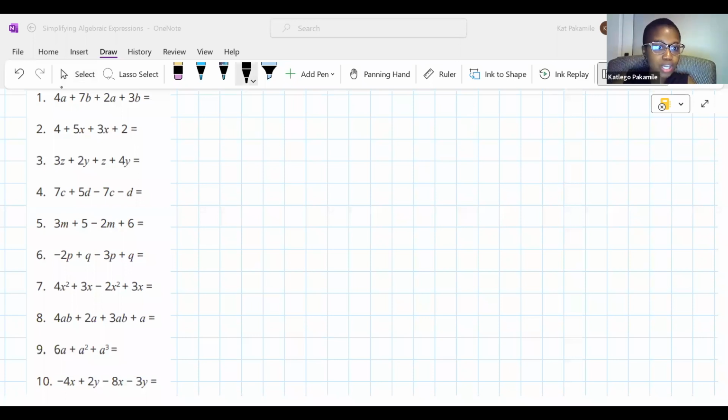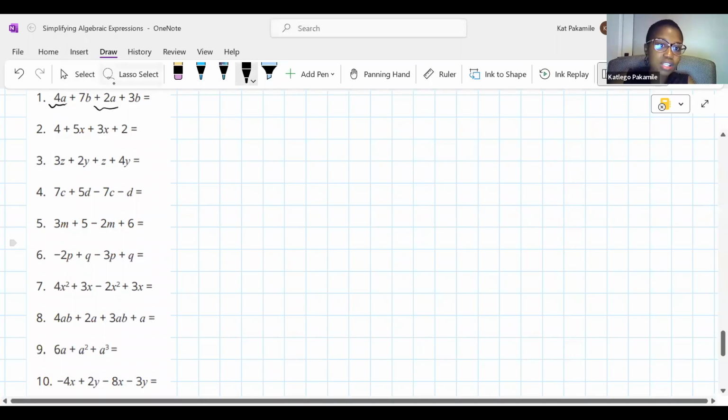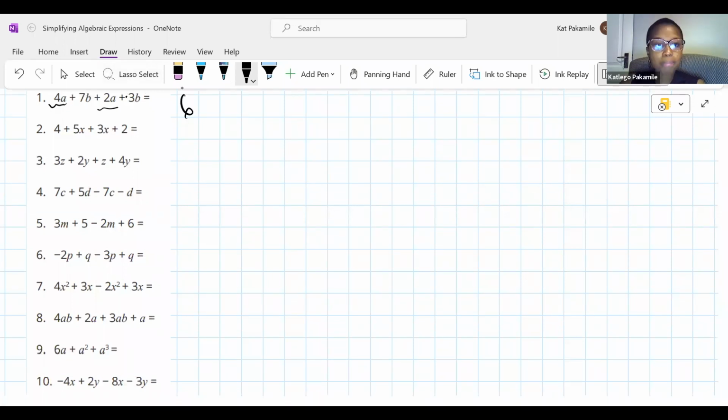So if we check here, we have 4a and a plus 2a. We have a 7b plus 3b. So those are the like terms, okay? Now I'm going to do the first one for us. 4 plus 2 would be 6, and then you keep the variable. So it's 6a.